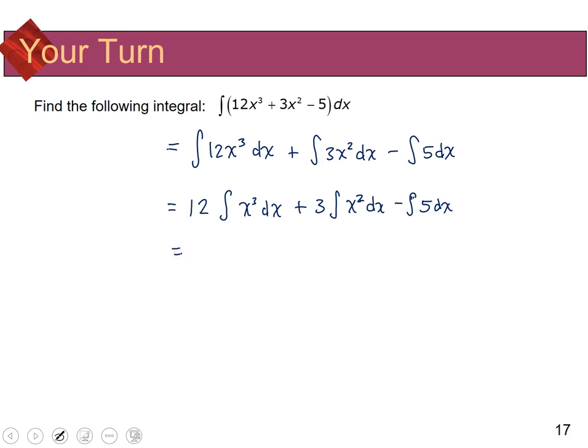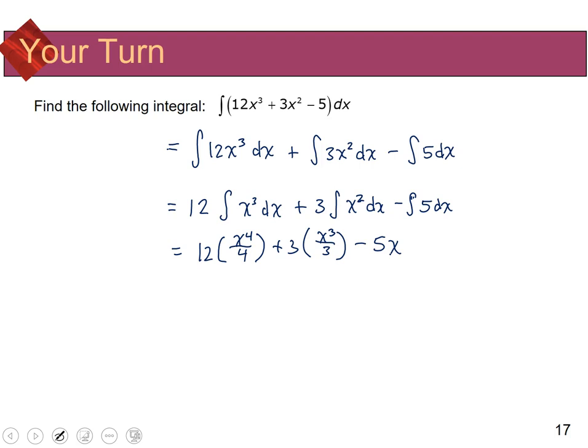So for this, I'm going to end up with 12 times x to the 4th over 4. So I basically add 1 to the exponent and divide by the new exponent. Same thing here. Now I do the integral of that.